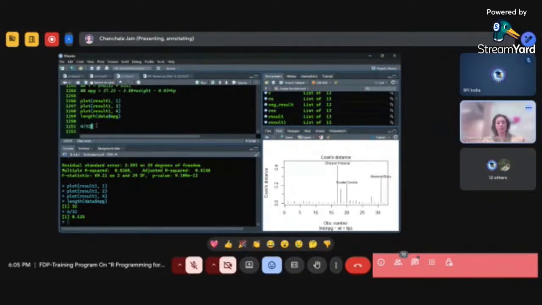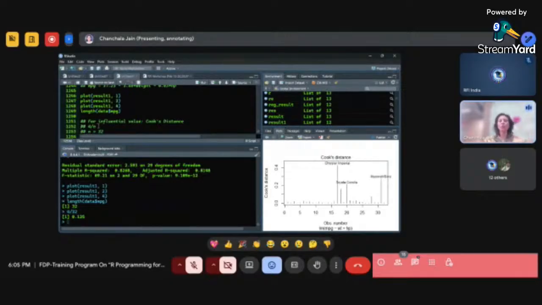I'm repeating. I'm writing here, for influential value we generally use Cook's distance, right? Cook's distance threshold is 4 by n. So in our case, n is 32.